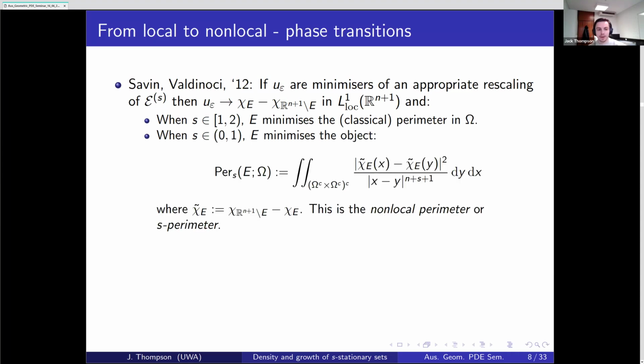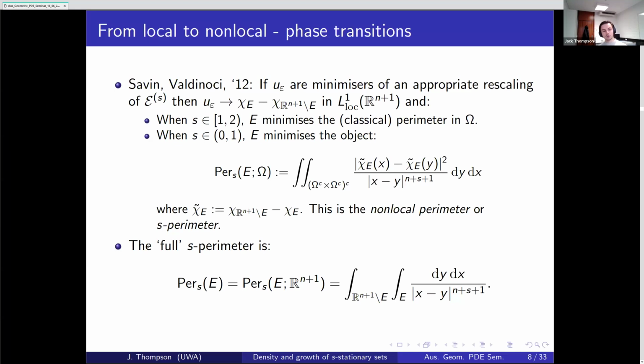But interestingly, when s is between 0 and 1, E minimizes a completely new object. And this object is what we now refer to as the s-perimeter in omega. So it's precisely this object here, where this chi tilde is just denoting this difference. So this is what I refer to as the non-local perimeter or the s-perimeter, where s is the parameter.